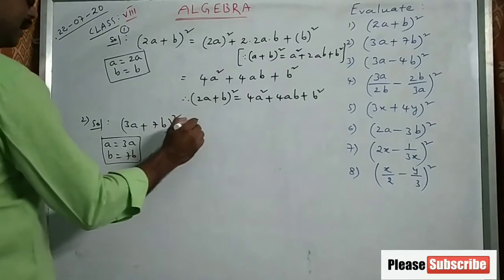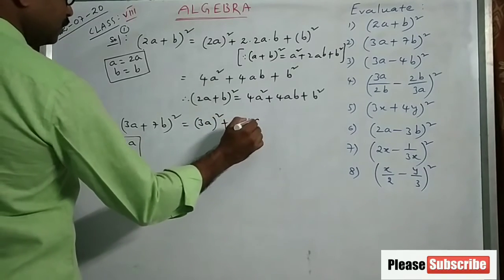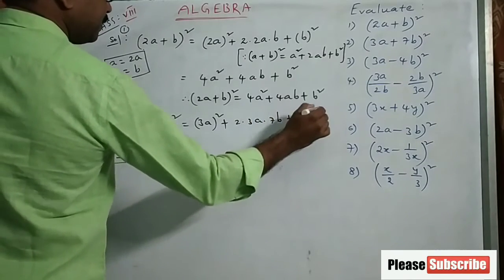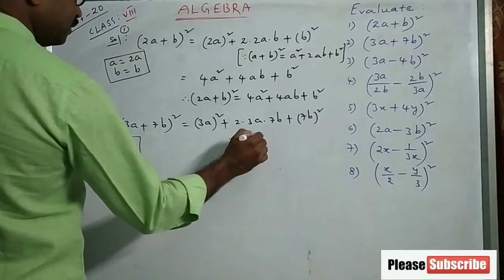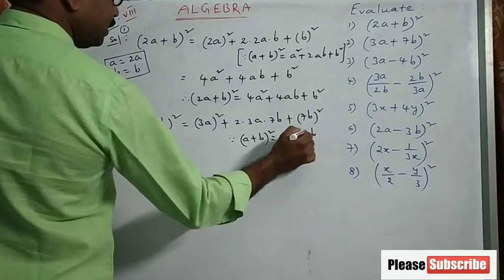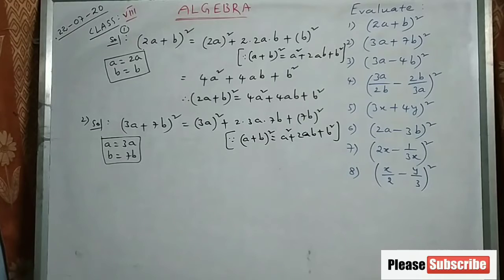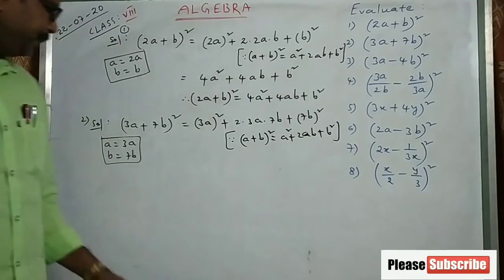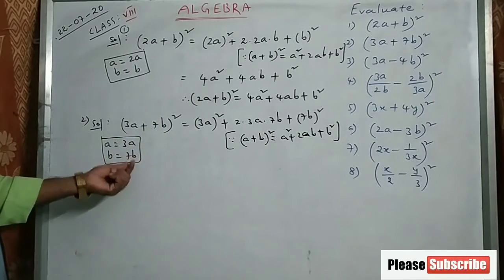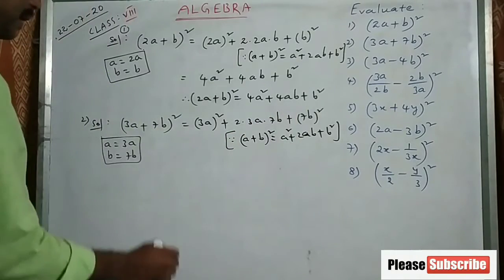So I'll apply the formula a square plus 2ab plus b square. Did you understand now?